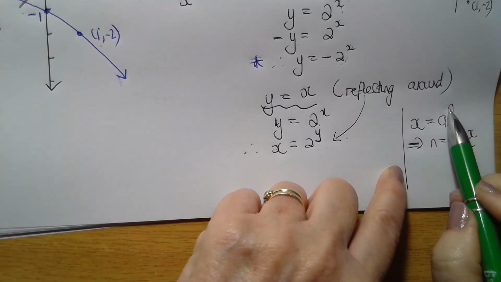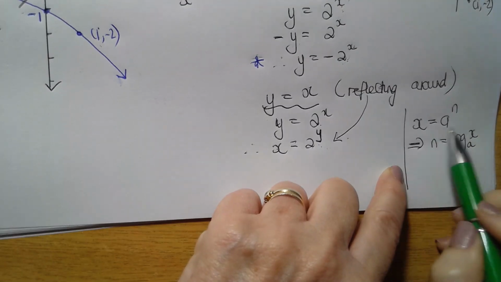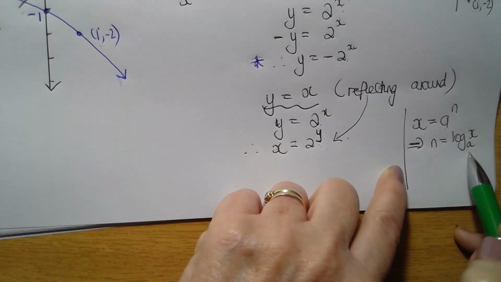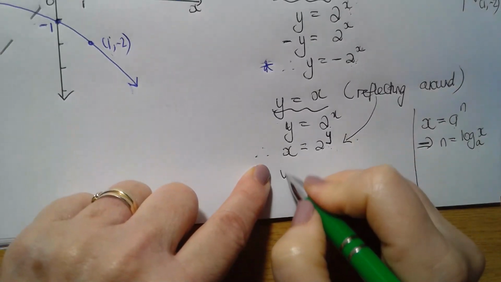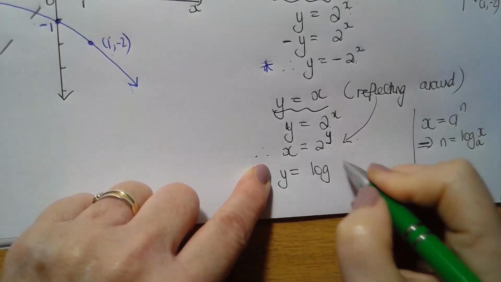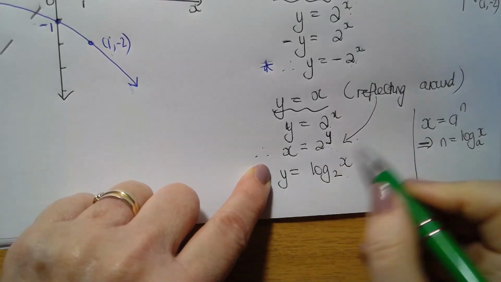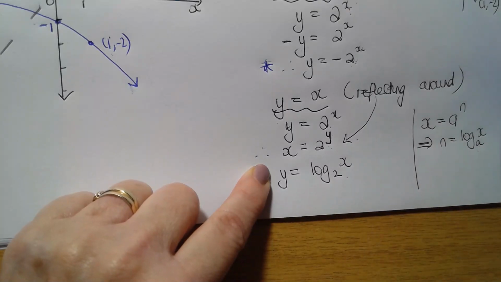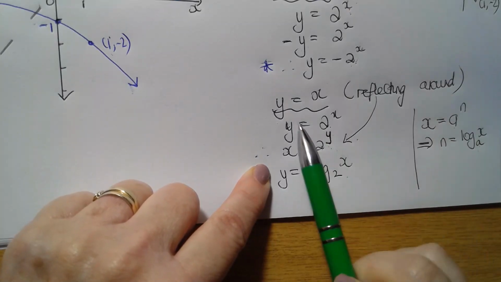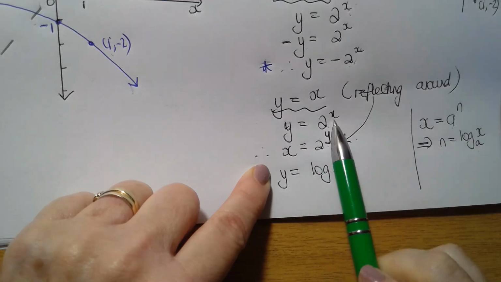So the exponent is the log of this number to that base. The base here remains the base here. So the exponent will be the log of this to that base. Now that would be the reflection algebraically. And I got that by interchanging the x and the y.